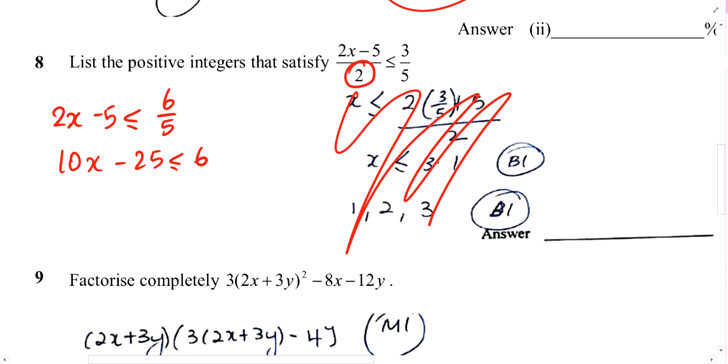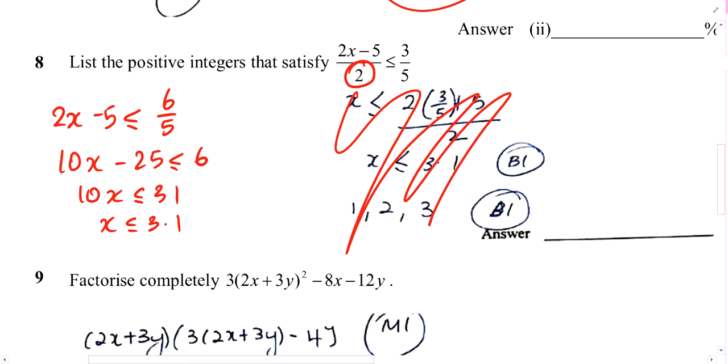What should I do next? I want x. I don't want everything else. What should I do with the 25? Plus 25. So 10x less than or equal to 31. x less than or equal to 3.1.